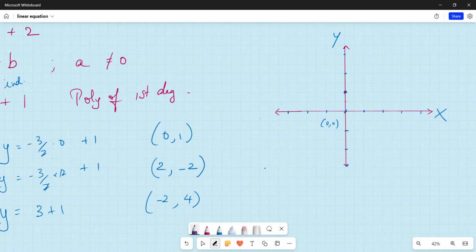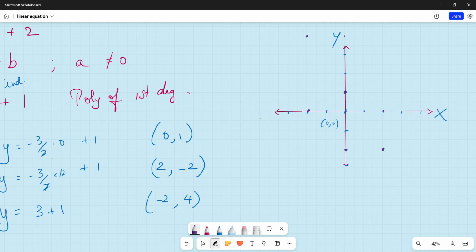And 2 comma minus 2: 2 on the x-axis, minus 2 on the y-axis. So this position is 2 comma minus 2. And minus 2 comma 4: minus 2 on the x-axis and 4 on the y-axis.